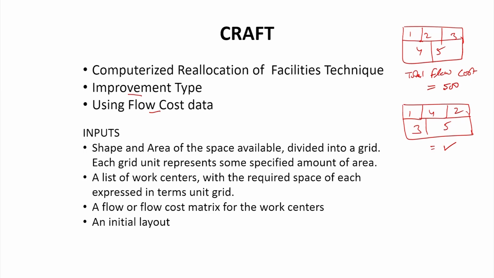In that way it will keep on improving until you find that no further improvement is possible. So it is more like an LDEP kind of thing. In LDEP, departments are taken in a random way and every time a new layout is generated, whereas in this case we interchange two departments and see the impact on the total flow cost. We keep on interchanging two departments until we find a very efficient layout.